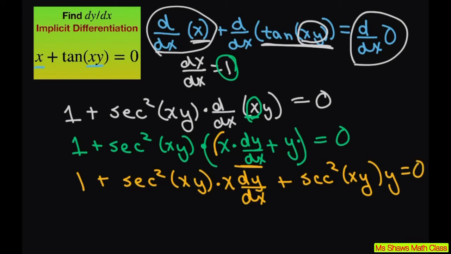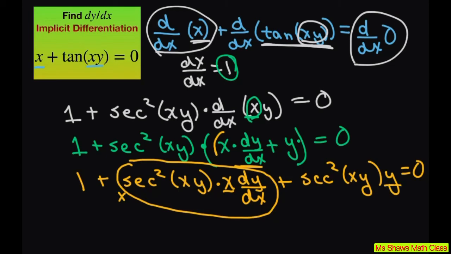So I'm going to group this together and put the x in front here. I'm going to put the y in front here, and I'm going to subtract 1 and this part from both sides. So I'm going to do that on the next slide.